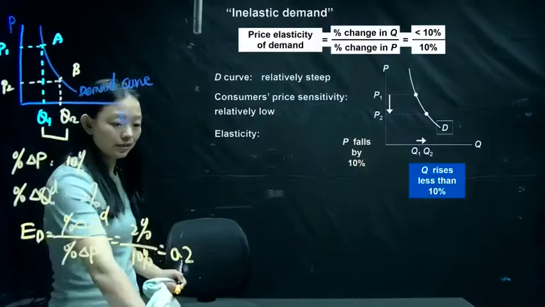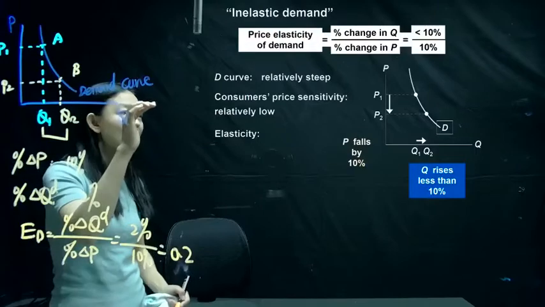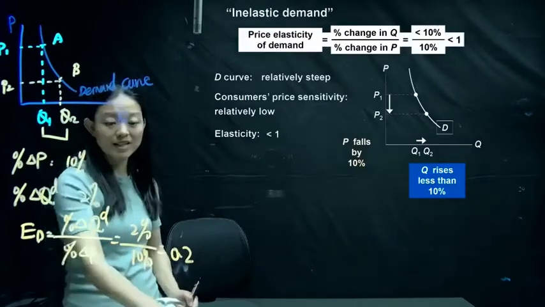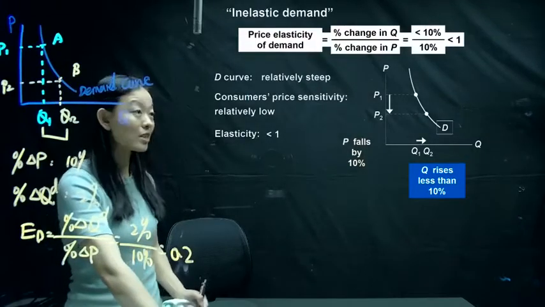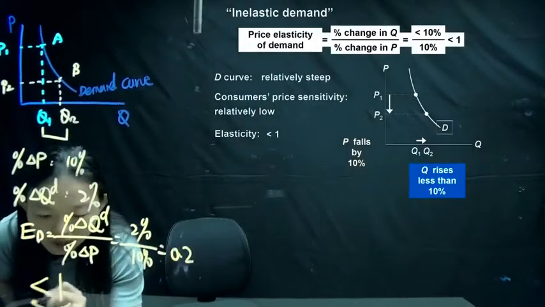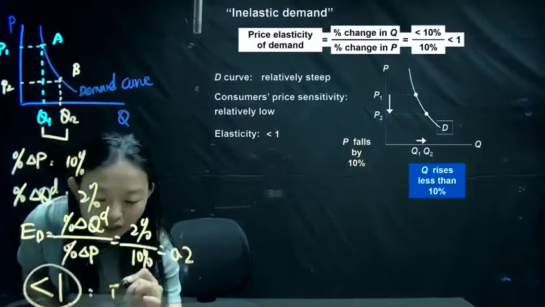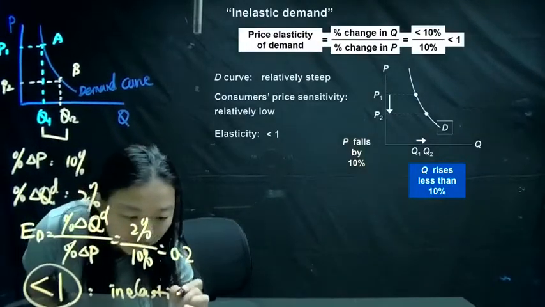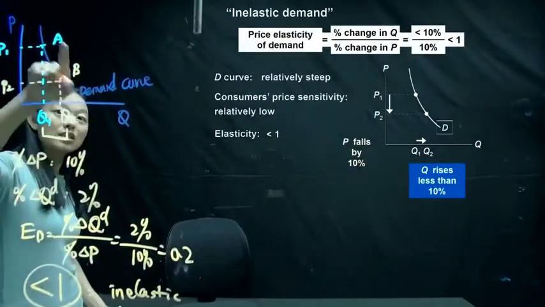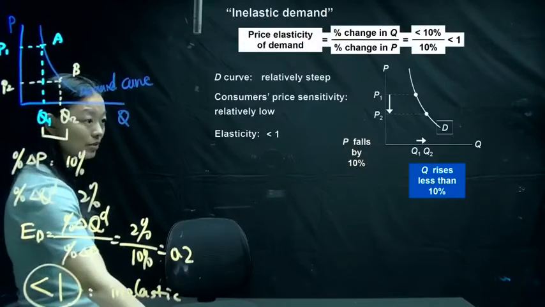Therefore, you can see if we have the percentage change in quantity less than the percentage change in price, then we will have the price elasticity of demand less than 1, right? So if the price elasticity is less than 1, we would like to say this price elasticity is inelastic. Okay, is inelastic. And the demand curve is steep. Okay, has a steep slope. So this is the second case.